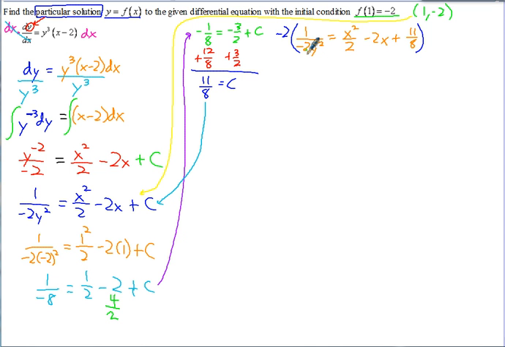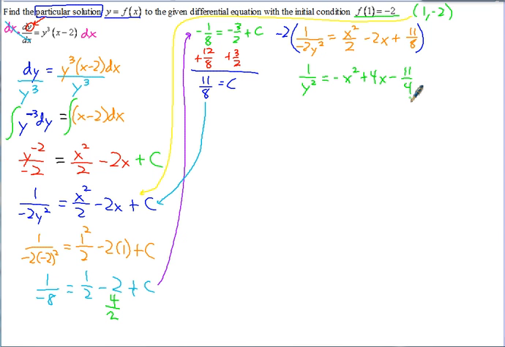So that'll reduce the -2 there, so you'll just be left with 1 over y squared equals, when you multiply -2 times x squared over 2, the 2's reduce, and you're just left with negative x squared, so -x squared. -2 times -2x is positive 4x. And -2 times 11/8, well, that's going to be negative, and the 2 goes into the 8, reducing that to 4, so it would be -11/4.